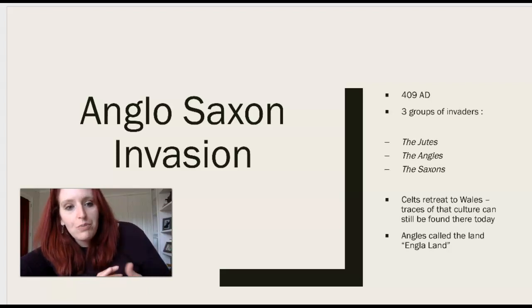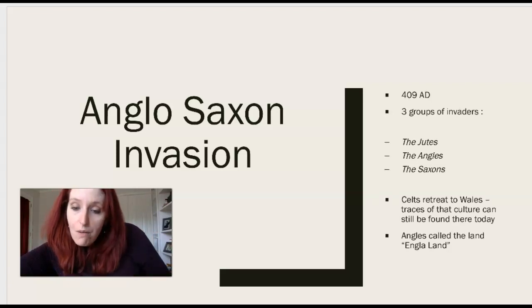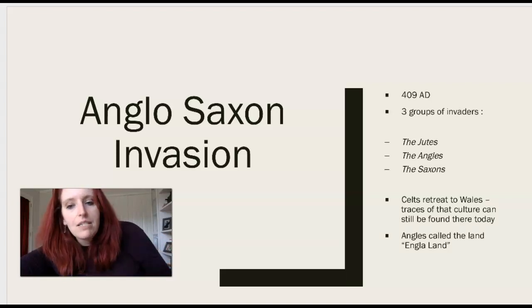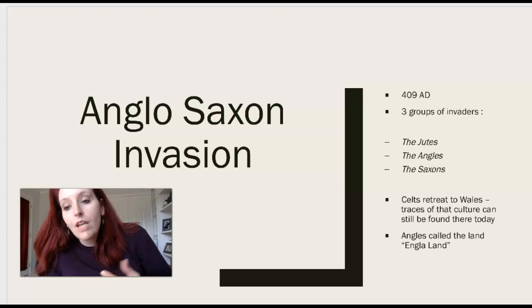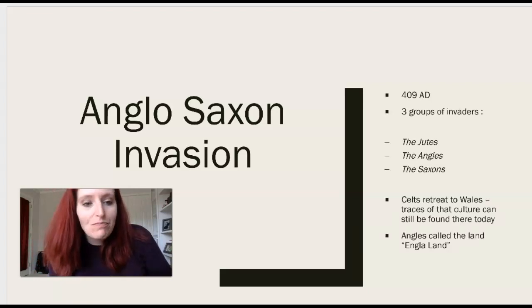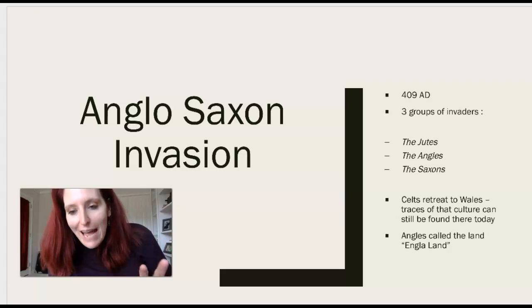And there are three groups of invaders. We have the Jutes, we have the Angles, and we have the Saxons. The Jutes come from Denmark, or modern day Denmark. The Angles also come from modern day southern Denmark, and then the Saxons come from the shorelines of Germany. So this doesn't happen overnight.